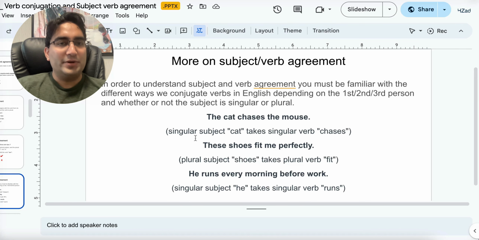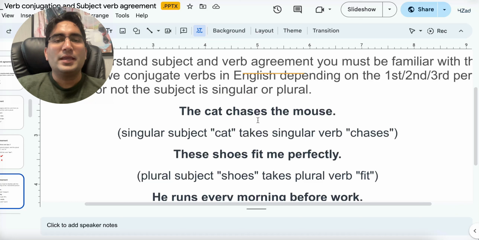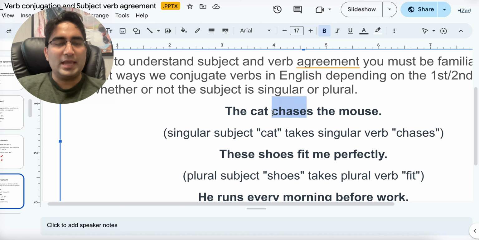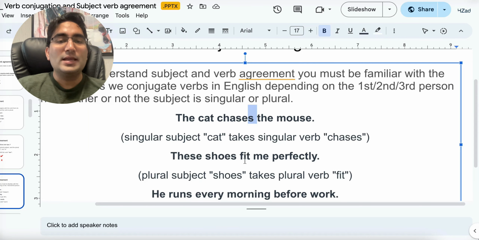Let's see some other examples to understand the relation between subject and verb. So the cat chases the mouse. Here, cat is singular, so you put S with the verb. Chase is the verb, okay? You're just putting one S at the end to make it chases. Now, these shoes is plural, so the verb will not have S in it.